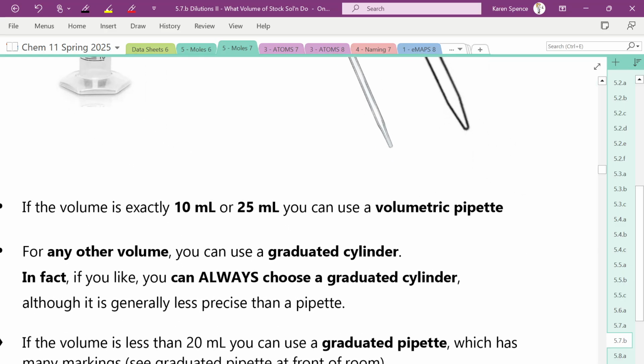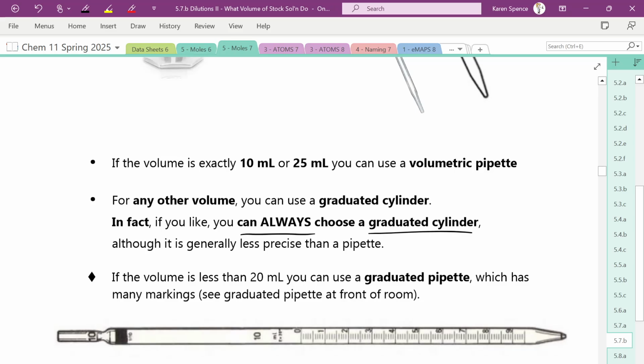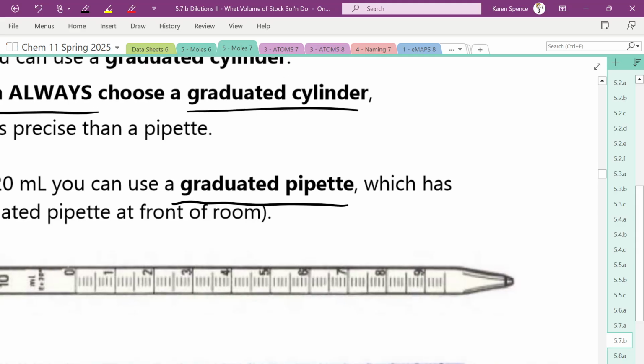For any other volume, you can choose a graduated cylinder. In fact, should you ever want to, you can always choose a graduated cylinder. If the volume is less than 20 milliliters, and it's something weird like 17 milliliters or 7 milliliters, you can use a graduated pipette, which has all kinds of different volumes on it.